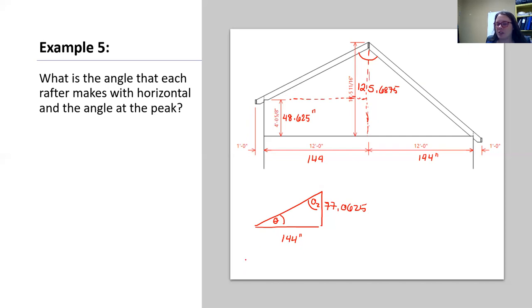Opposite over adjacent. So the tan of my angle is going to be 77.0625 divided by 144. And we get tan of our angle is equal to 0.5352. And then we do tan minus 1 of 0.5352.